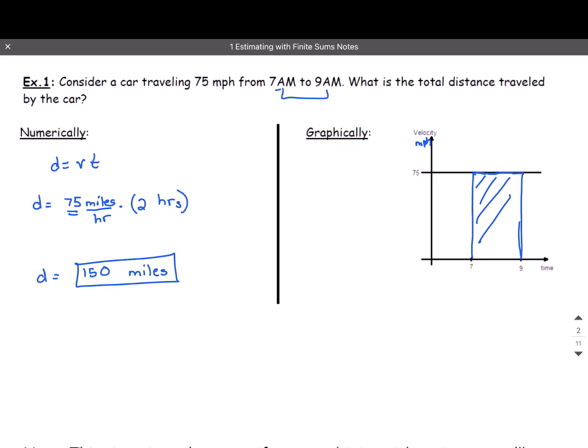The height of this rectangle is 75, and the base of this rectangle is 9 minus 7, which is 2. That 2 times 75 is the area under the curve. So that 150 miles came from finding the area between the function and the x-axis.